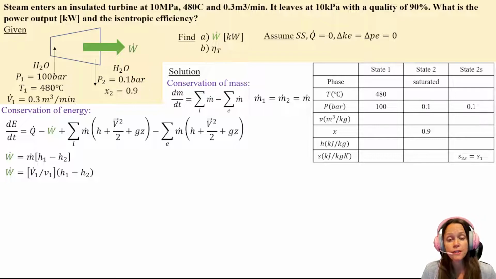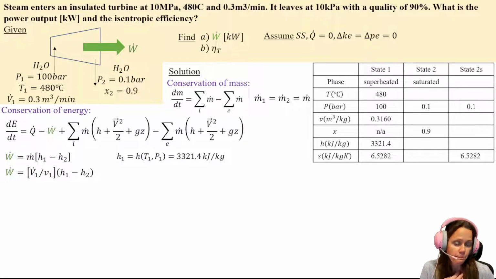We're using the volumetric flow rate and the properties defined at state 1 to figure out that m dot. So for this, I need the specific volume at 1, the enthalpy at 1, and the enthalpy at 2. State 1 is defined by the temperature and the pressure.